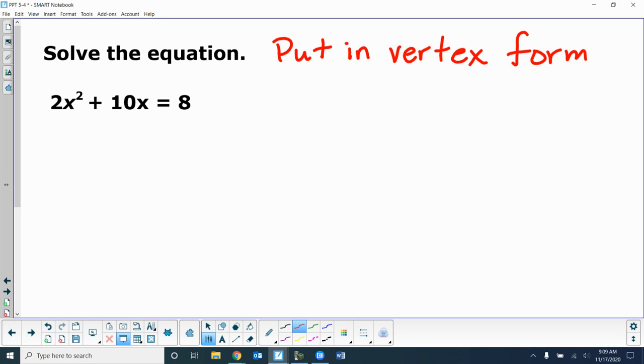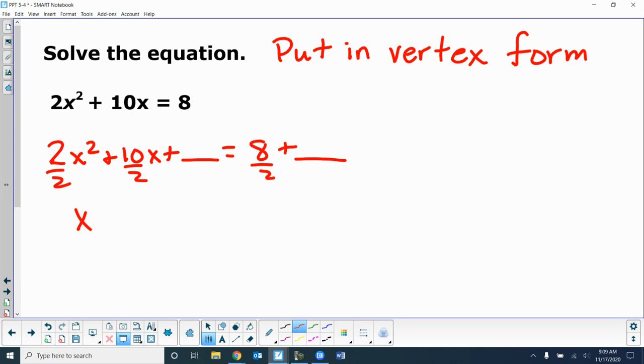All right, let's see how you did. This again is a tricky one because what's A? Got that too, right? All right, so if I take the 2 out, divide by 2, I get x squared plus 5x plus blank equals 4 plus blank, right? Now, this is tricky also because what type of number is 5?